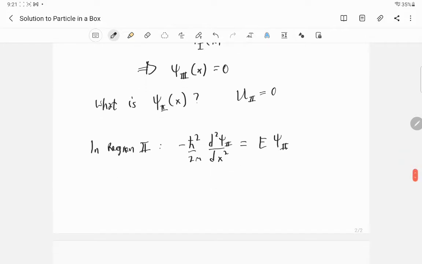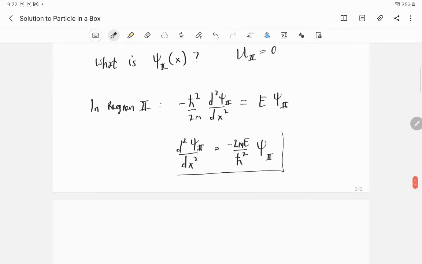So I'm going to simplify this a little bit. The result of taking two derivatives of this function is you get the function back, but multiplied by minus 2me over h bar squared.